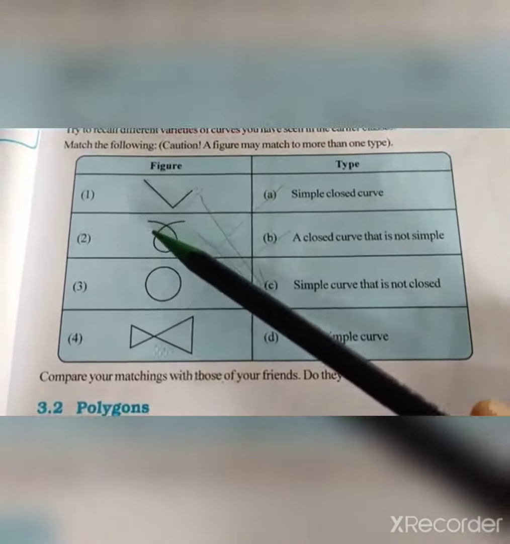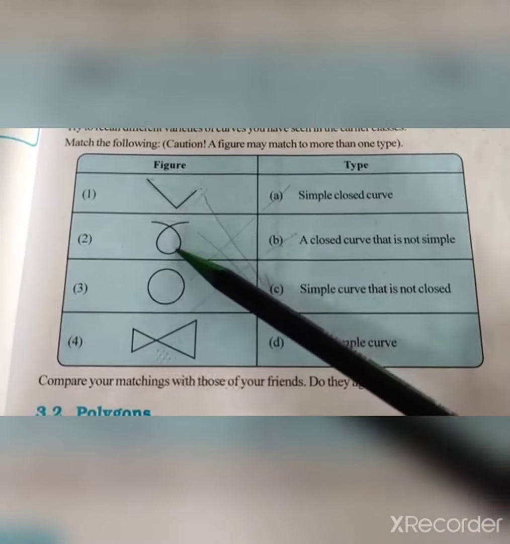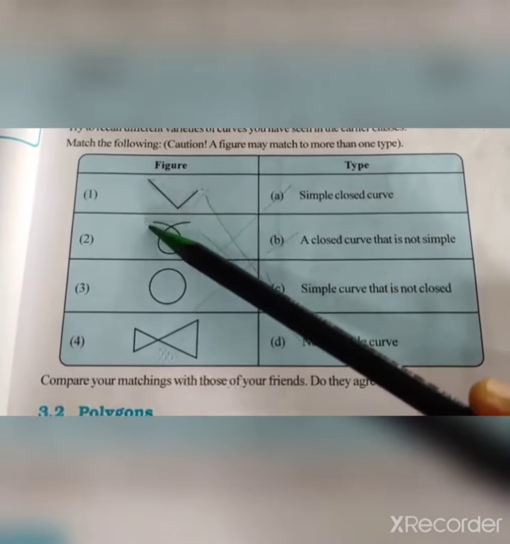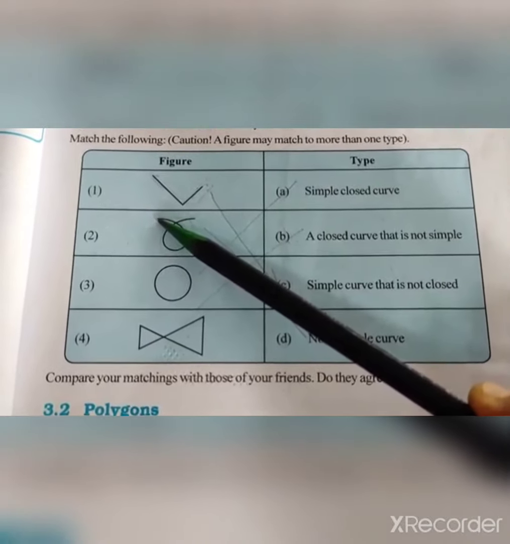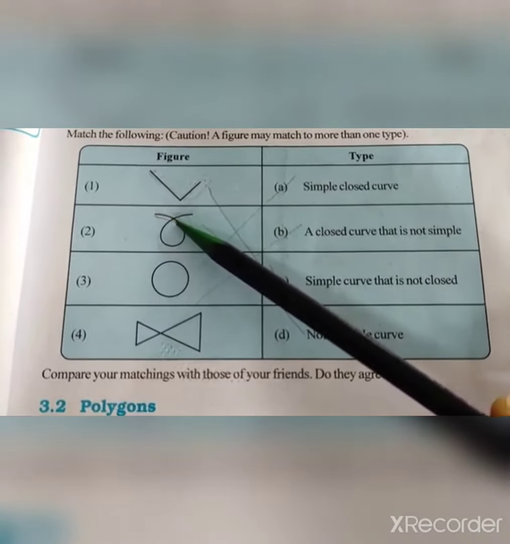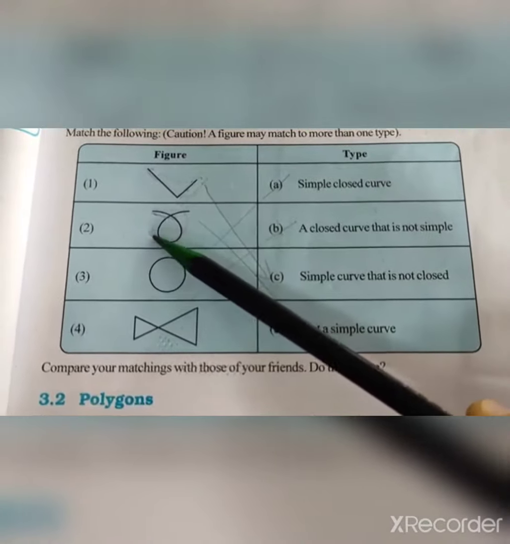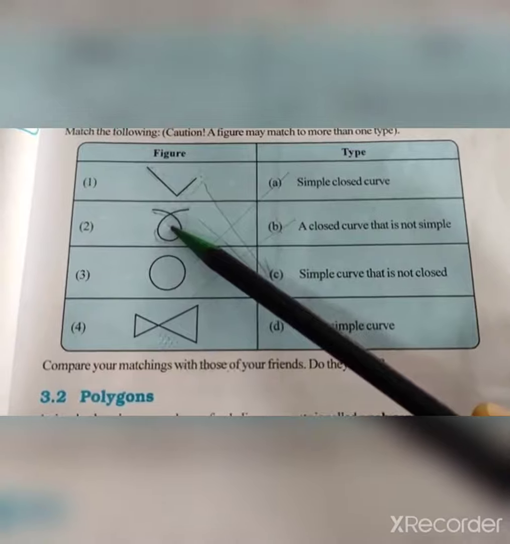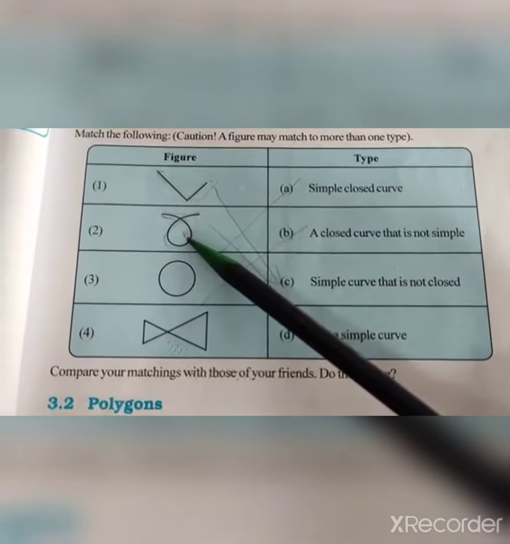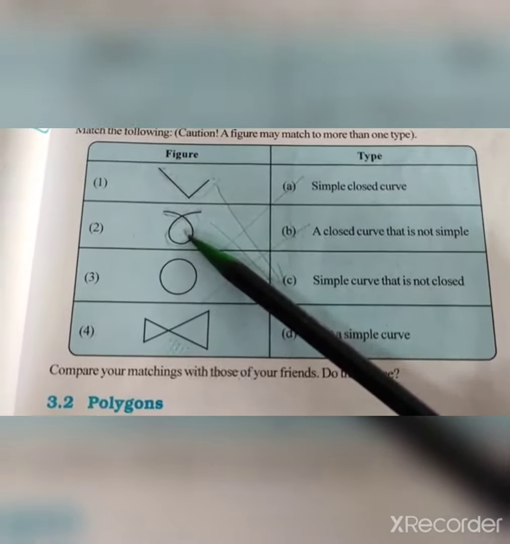Okay, then when you start the figure, the ending point and starting point should be the same, but in this figure it is not like that, so it is also an open figure.